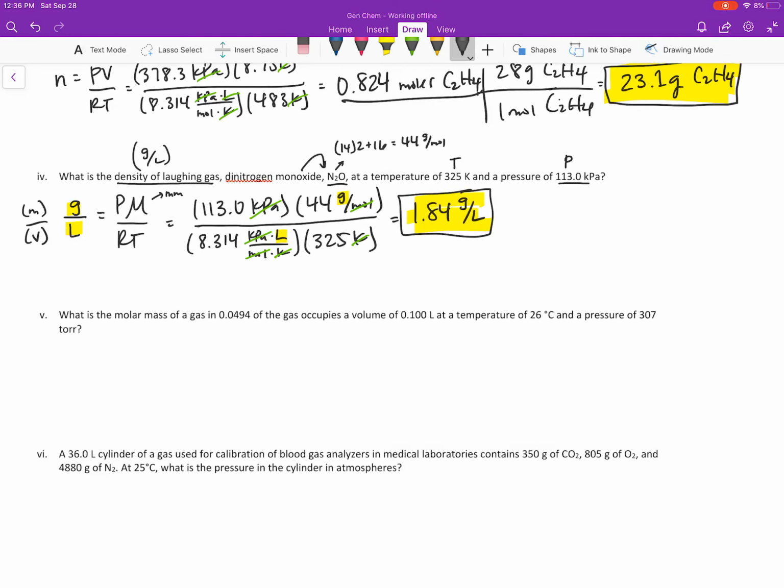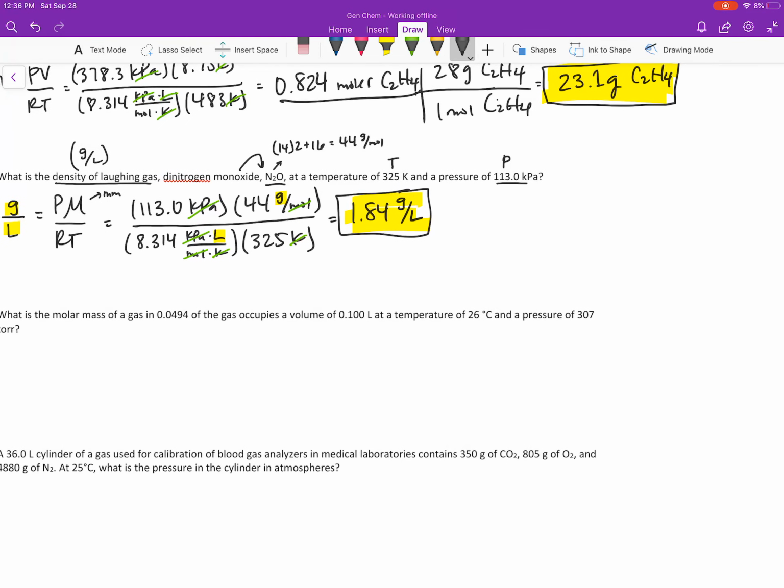So word to the wise here, on your calculator, if you are really sloppy with your parentheses, which sometimes we are because we assume that the calculator will know order of operations, I would, on problems like this, use extra parentheses when I type into my calculator, okay? And I'll tell you what can happen.